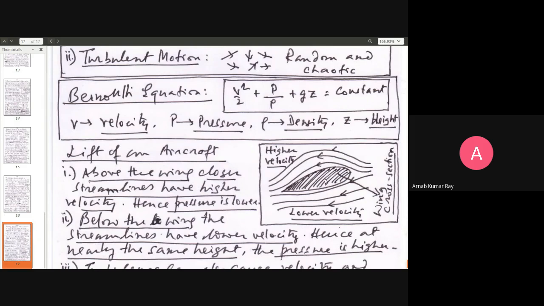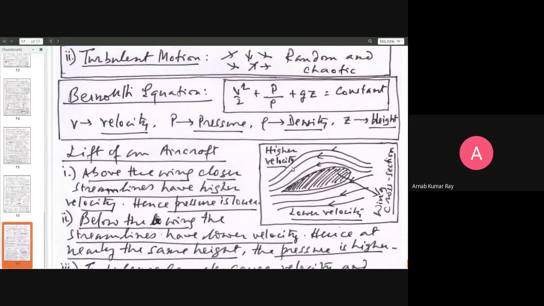Right. So what changes now? Velocity is higher above the wing, velocity is lower below the wing. So if velocity is higher, v squared plus p by rho plus gz is constant, p is not a constant, v is not constant, but rho can be treated to be nearly constant, z can be treated to be nearly constant. So basically, it's now a balance between v squared by 2 and p, right?